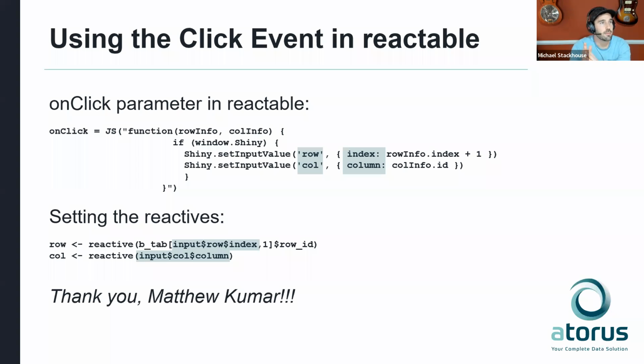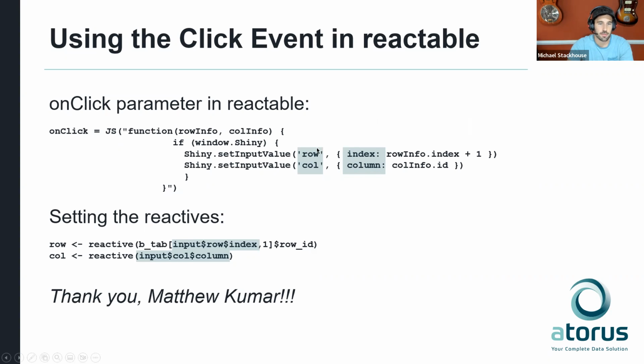I'm going to say that one more time. If you're not a Shiny developer like myself, then you probably need this kind of embedded a little bit. What we have here in the reactable is this click event with this little JavaScript snippet that allows us to set an input binding to the row value, grab the index, and give us the row ID from the results data frame. That's everything that's going on here.